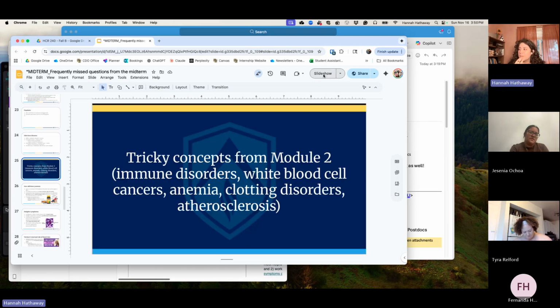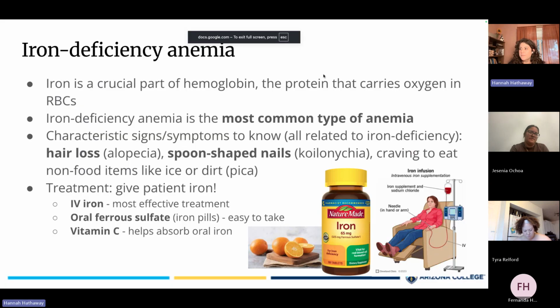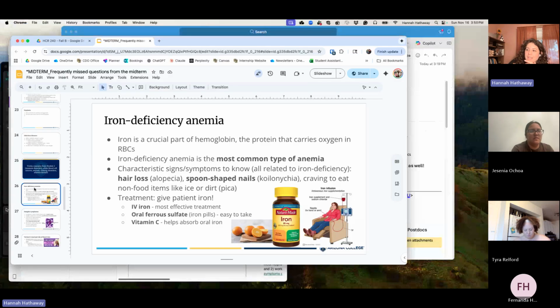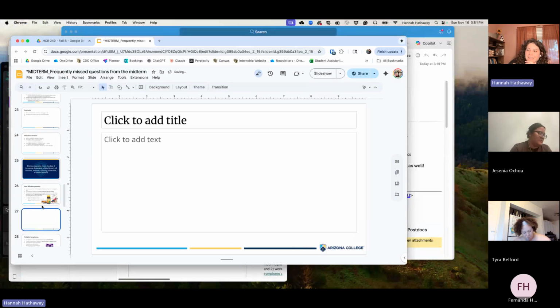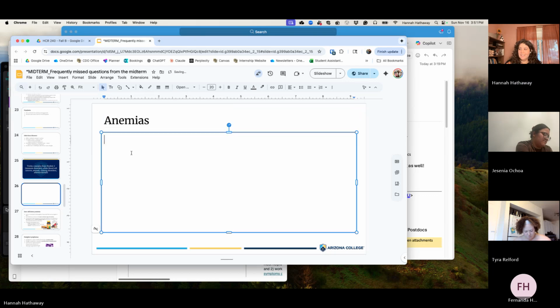Okay, Module 2. Nope, we're going backwards. Okay, actually I'm gonna add a slide before we get here. Anemias. There are so many different anemias, right? And they all have similar signs and symptoms. So remember, anemia across the board means we have a deficiency or defective red blood cells.